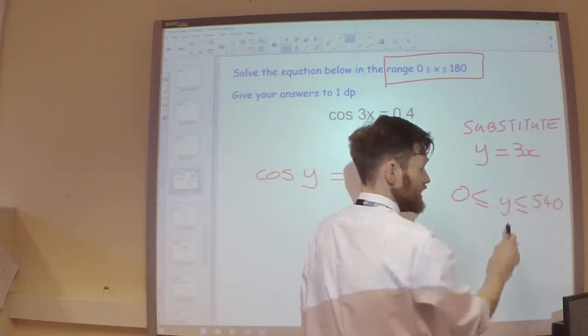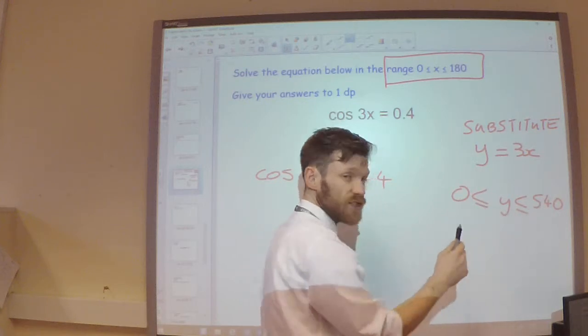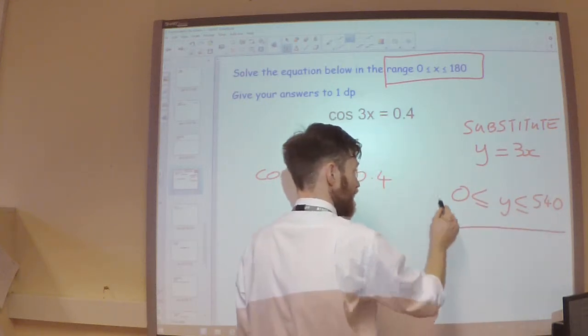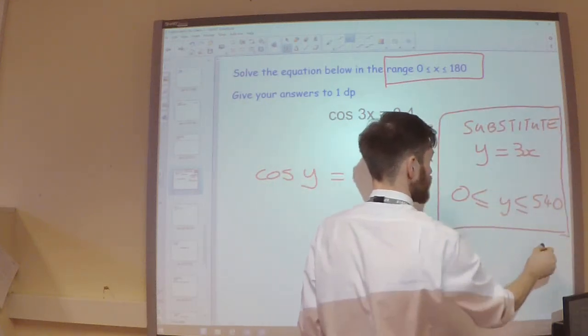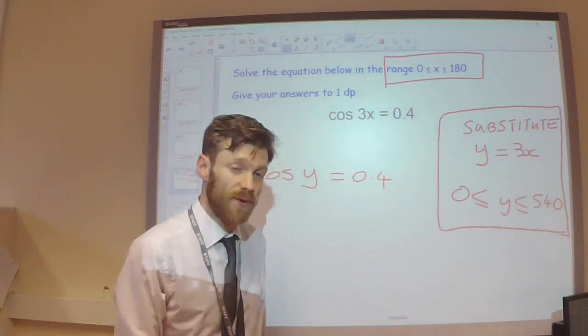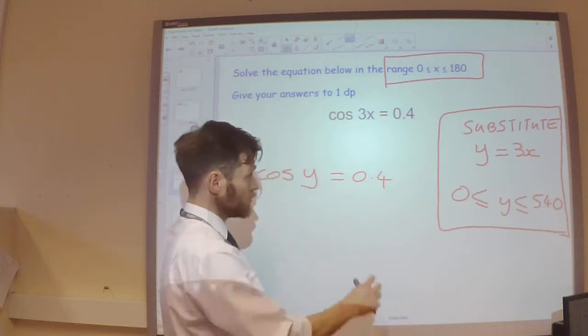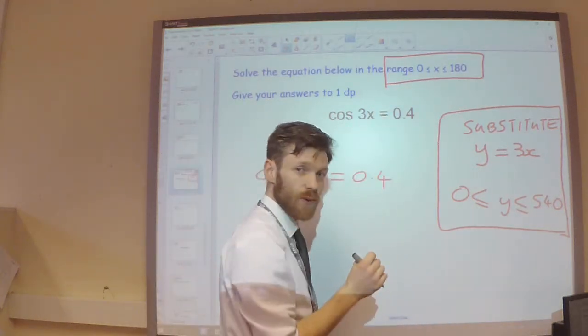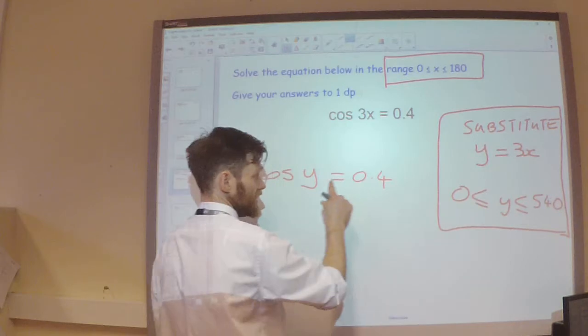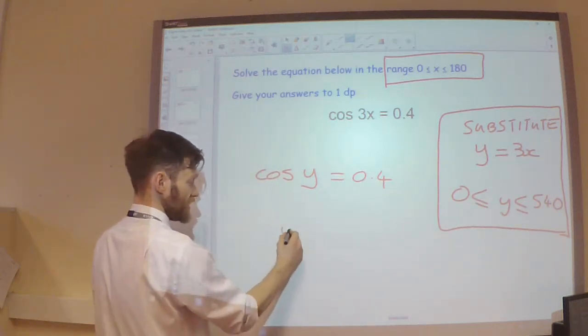So this is my substitution, and I've changed the range. This is really important. If you don't do this, you won't get the correct answer. Right, I've now taken this harder equation and I've simplified it to this. And I can solve this nice and easily.